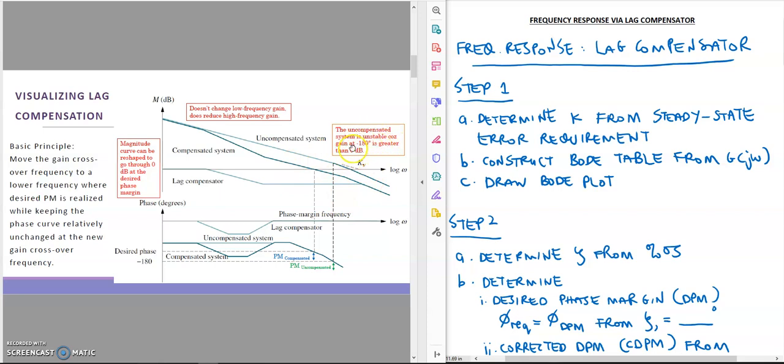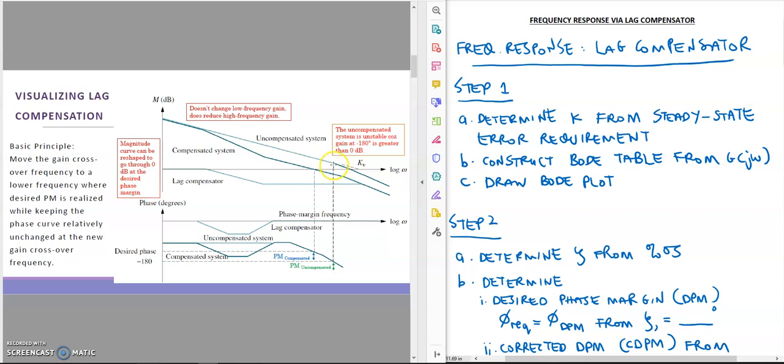Okay, the uncompensated system is unstable, because gain at negative 180 degree is greater than 0 dB. So this is negative 180 degree. For the uncompensated system, you go to the magnitude plot. The LM is negative, so when we determine the gain margin, it will become negative.